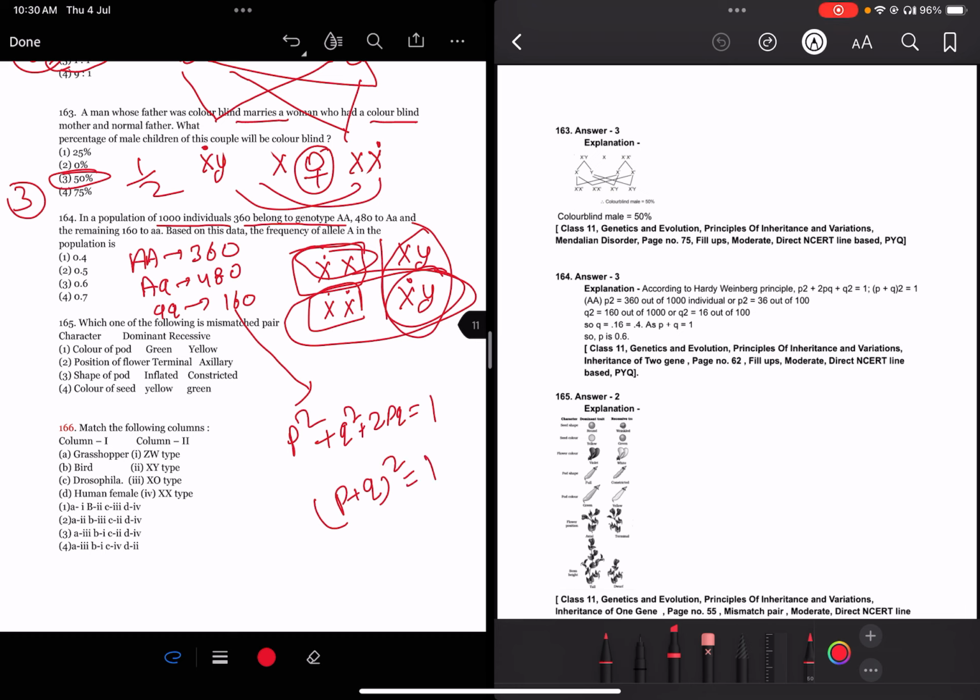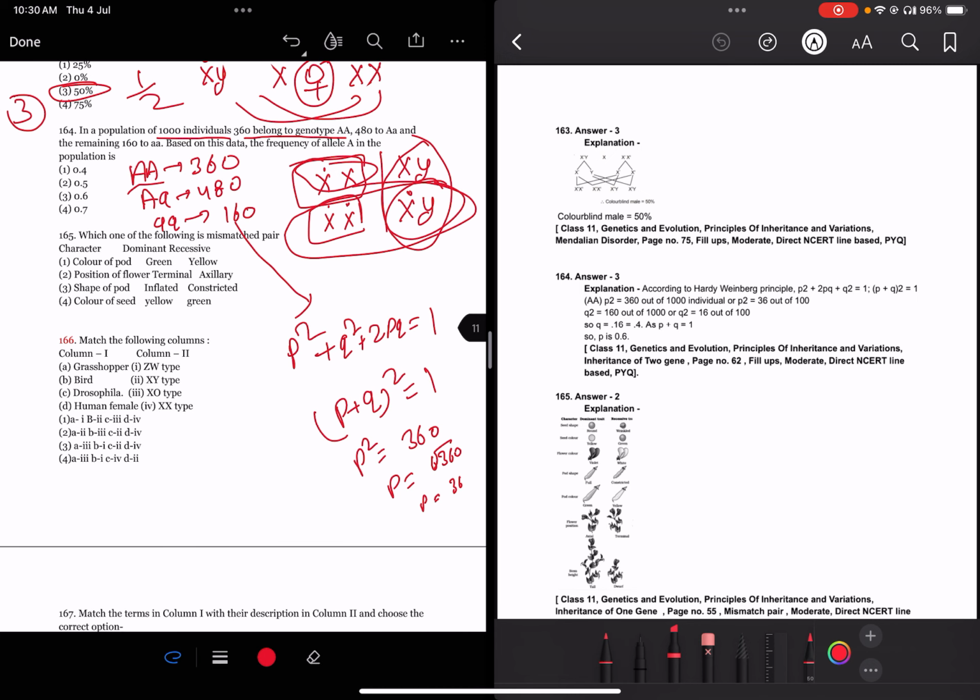So AA means p squared. p squared here is 360 out of 1000, that is 0.36, so p is 0.6.